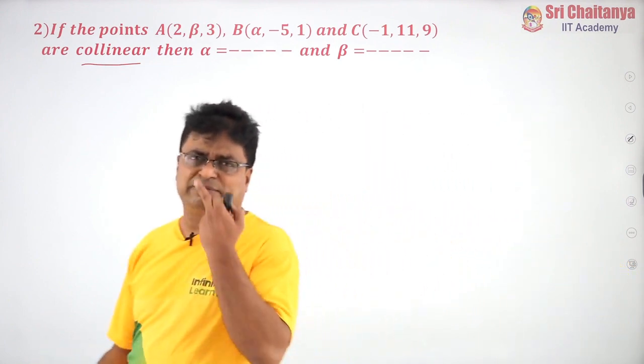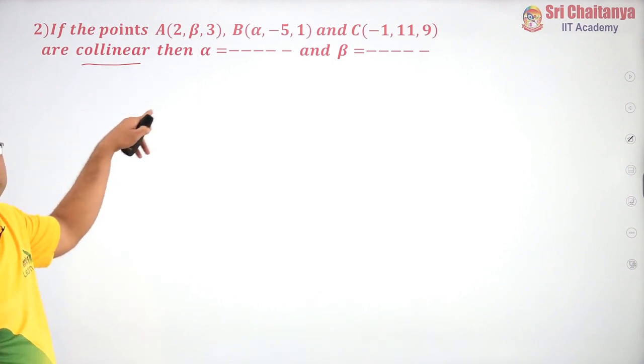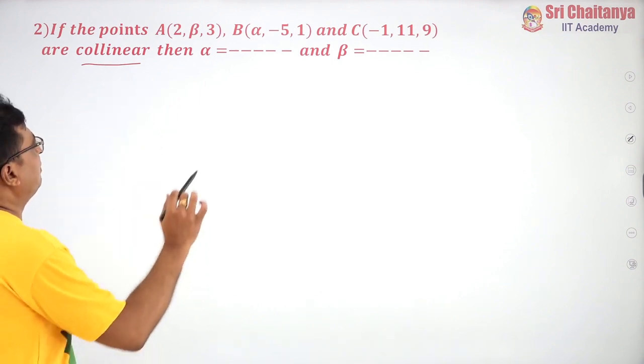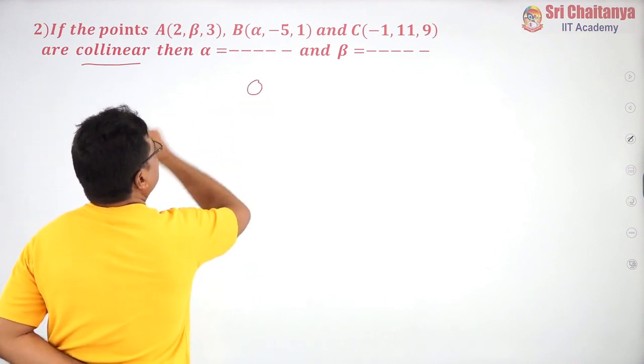There are several methods, my friends. Whenever this kind of points are given, my suggestion would be to do it like this. Consider O as origin.